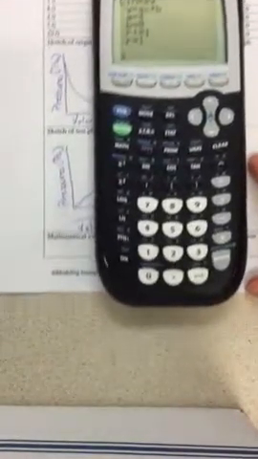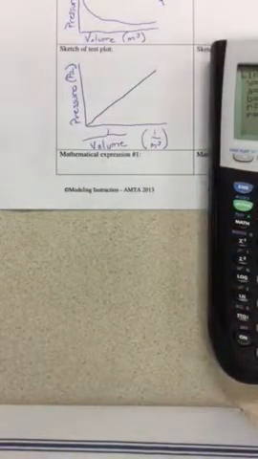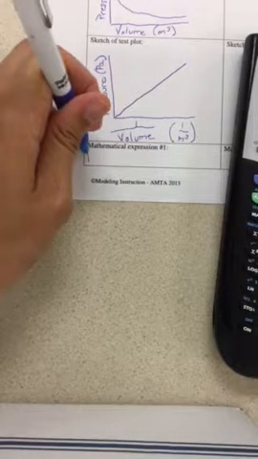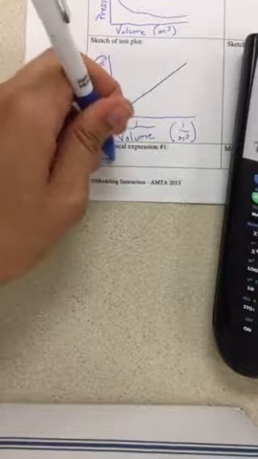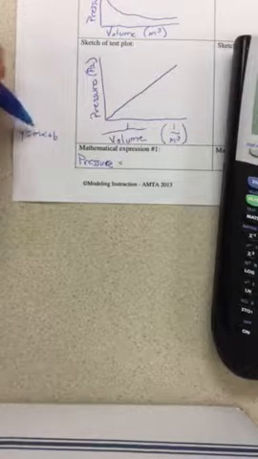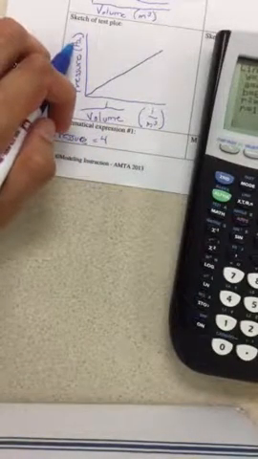So now when we write this mathematical expression, it's going to take the same form as y equals mx plus b, but we're going to replace the y with what we had on our y-axis, so that would be pressure equals our m, which was 4, and the unit for that slope is the unit for your y divided by the unit of your x.